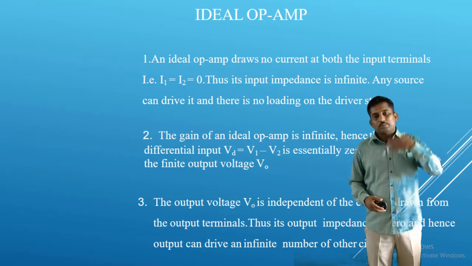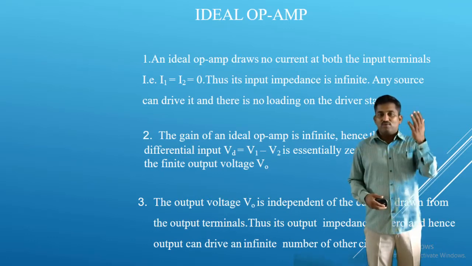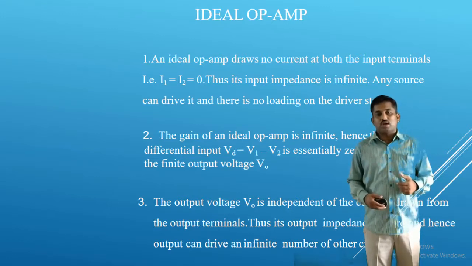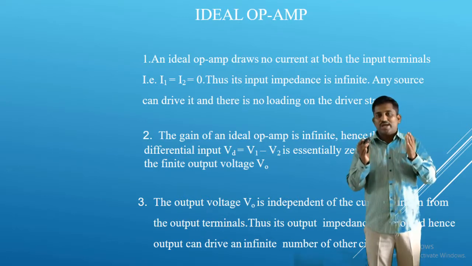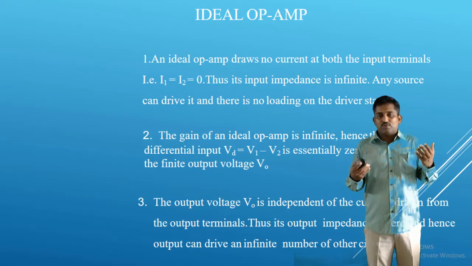The currents passing through the input terminals of an op-amp are I1 and I2. Those two currents pass through the base terminals of the op-amp, which are nothing but the input terminals. For an ideal op-amp, I1 = I2 = 0. That means the op-amp draws no current at the input terminals.